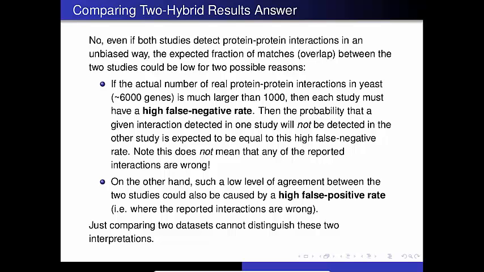But there was another big issue looming here, particularly with the numbers that were given. So, for example, when we talk about there being 6,000 proteins and the set of possible pairwise interactions, 6,000 choose 2, we're talking about millions of possible interactions, right?